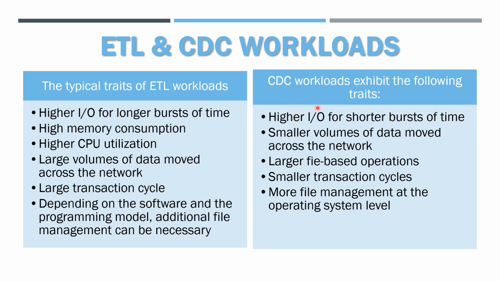For the CDC, the traits are higher input output for longer bursts of time. Okay, this is the same as ETL. And then smaller volumes of data moved across the network. So this one is different from ETL. ETL has large volume of data. Also larger file-based operation, smaller transaction cycles, and more file management at the operating system level.